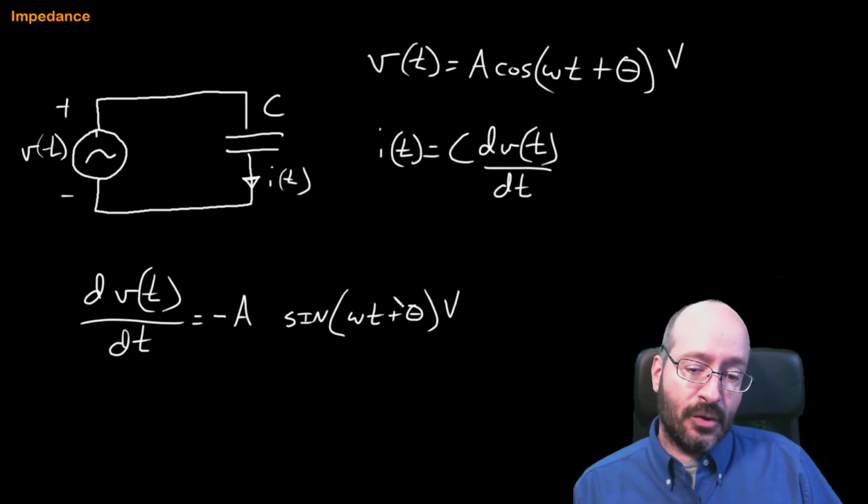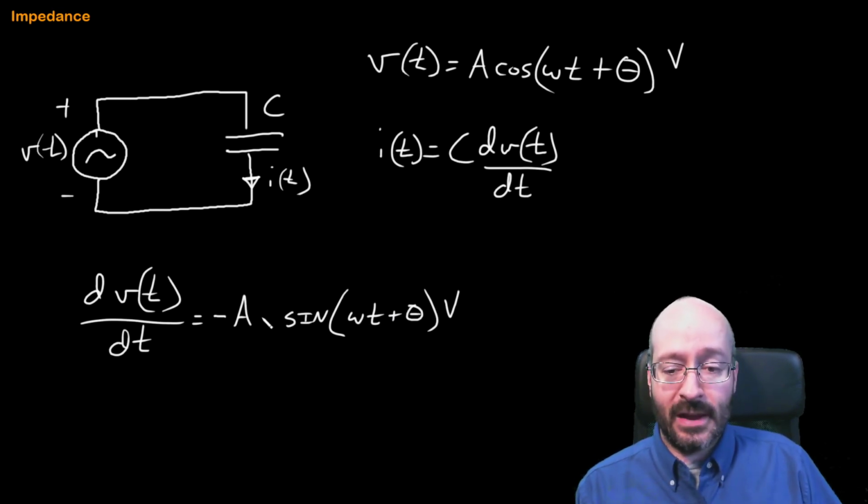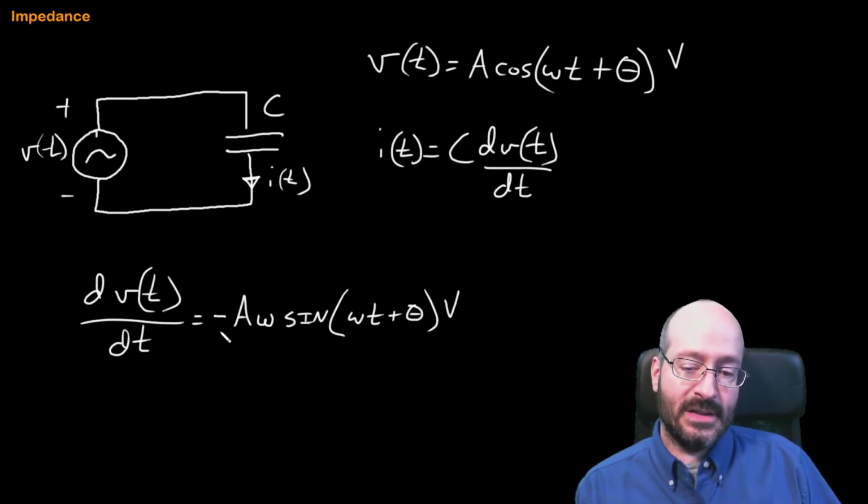So I have to take the derivative of the stuff inside with respect to t. Theta is a constant, so that drops out, and the derivative of omega t with respect to t is just omega. So omega is going to pop out in front here. So the derivative of the voltage is negative A omega sine omega t plus theta.